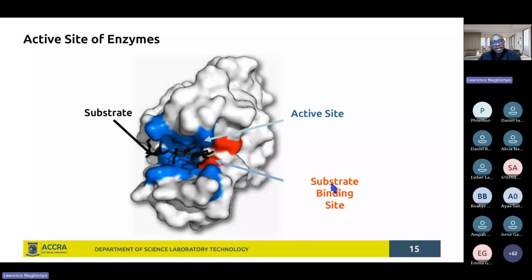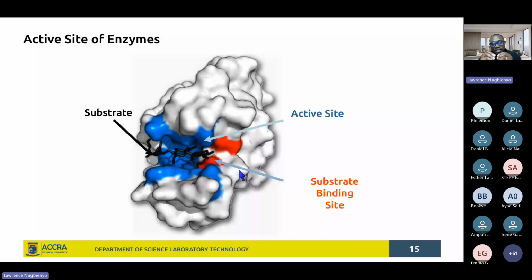And what is a substrate binding site? So again, you have a protein which is made up of amino acids. And that protein is folded. And when it's folded, you have some specific amino acids that come close to each other.